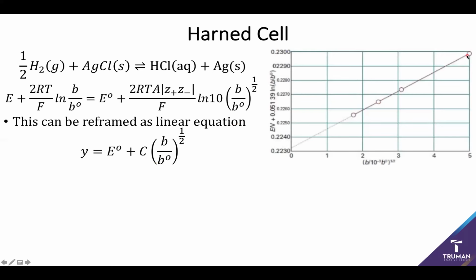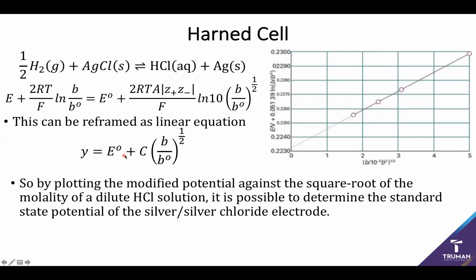So I can then fit this data under low concentration systems to make sure that the Debye-Huckel holds, to determine my standard state potential. By plotting our modified potential against the square root of our dilute HCl concentration, we can accurately determine the standard state potential for, in this case, the silver chloride electrode.